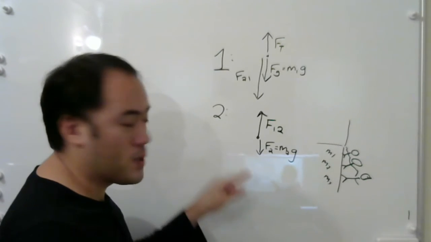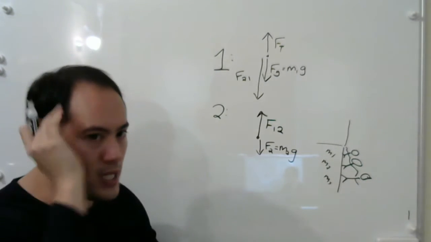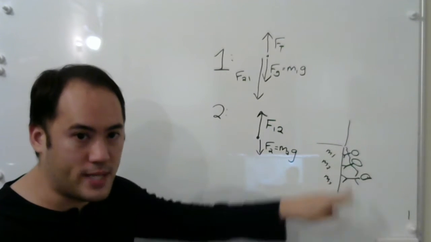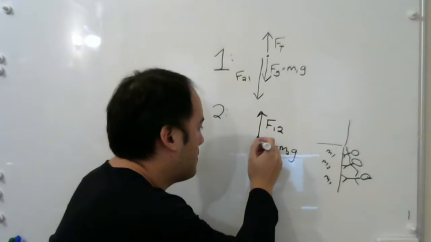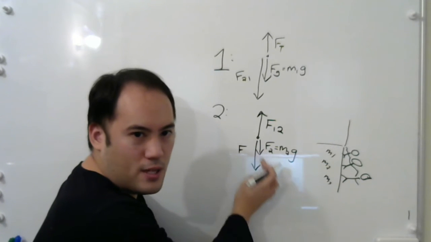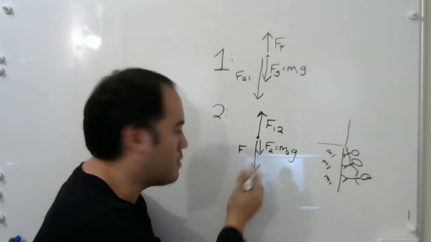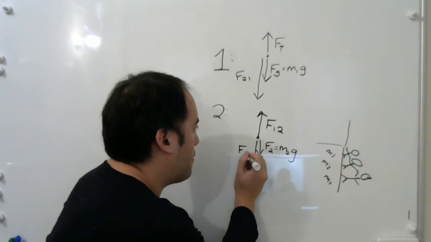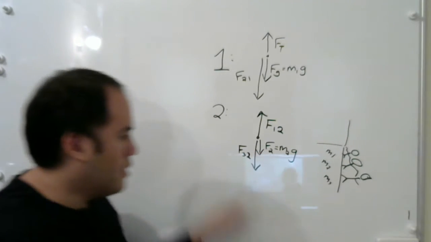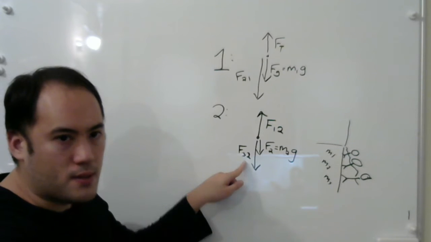And there's one more person. Whenever you draw free body diagrams, think, what's pushing or pulling on this object? Person 2 is being pulled down by person 3. I don't really know which is bigger between these two, but it doesn't really matter. F3 2, the force from person 3 on person 2.